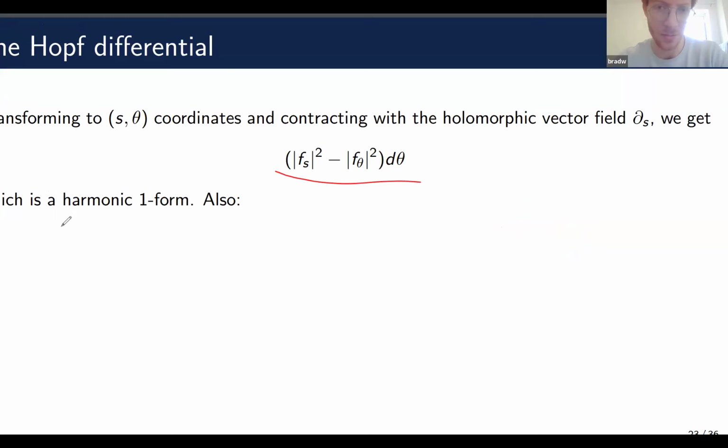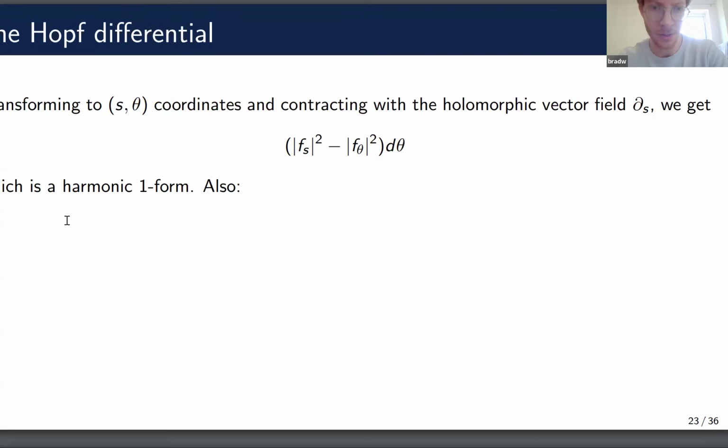I guess it's not immediately clear that it's harmonic, but it is based on the previous slide. All of these things take a little bit to prove. Like this changing of the coordinates would be a bit of a calculation, but I'm just going to skip that. The only important fact for us is that this is a harmonic one form.